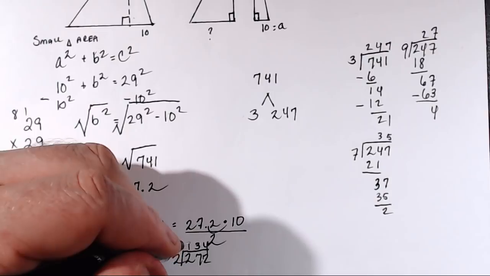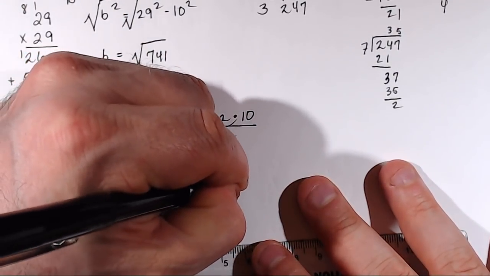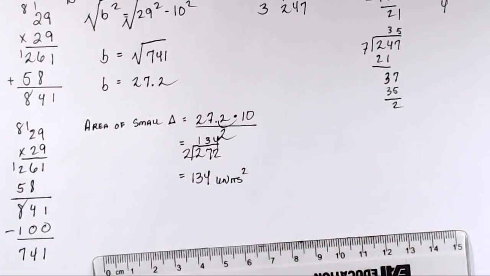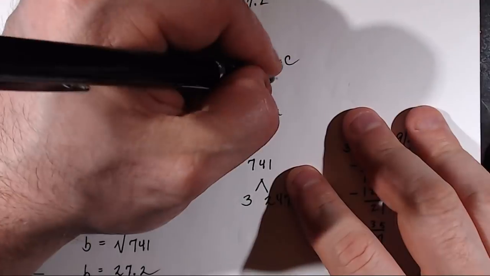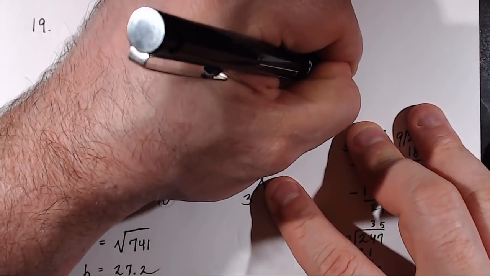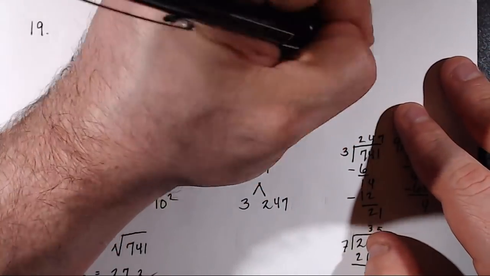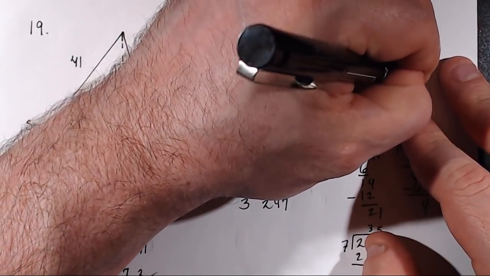It doesn't give us, so just 134 units squared. So we found the area, this area right here, this area is equal to 134 units squared.